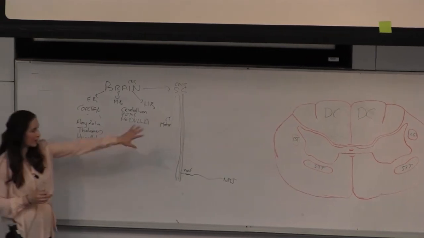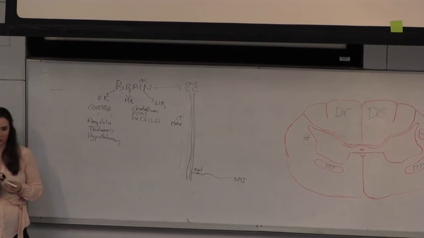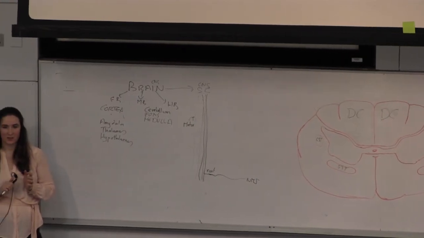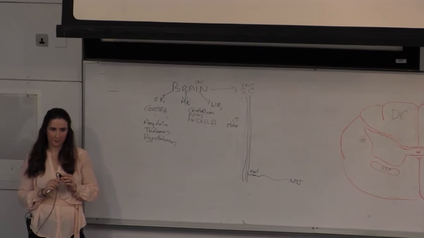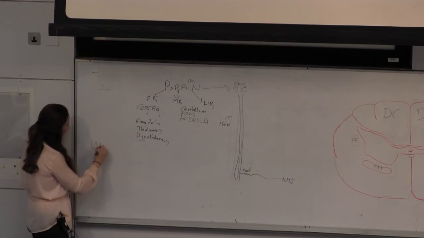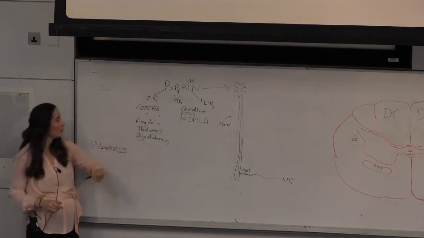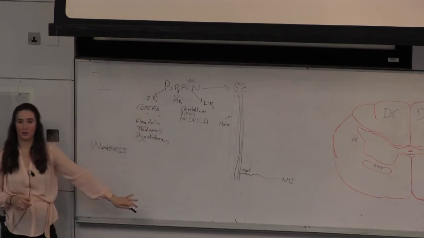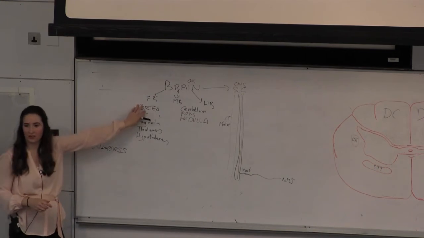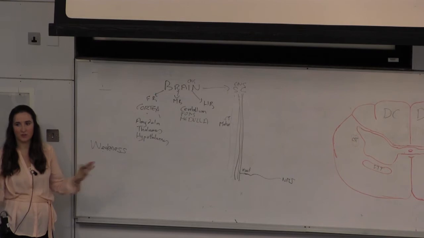Okay, so leave that one aside for a second, because we're going to talk about weakness in relation to the brain, first of all. If someone has a weakness that's coming from their brain, what other features are they going to get with that? So, if you have weakness and the lesion is in the brain, what part of the brain are we talking about? Generally, it's cortex. Okay, there's a few side rules on that, but you don't even need to go into that.